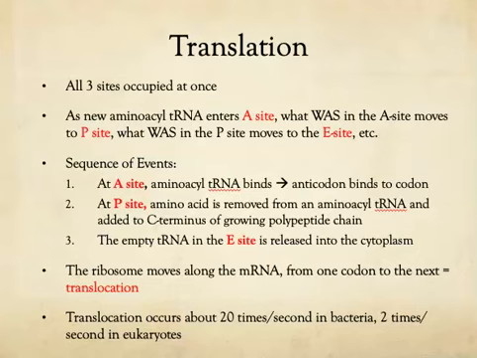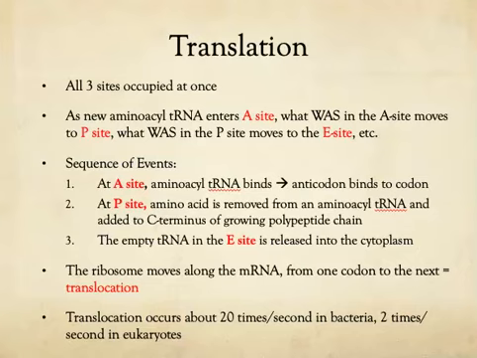As a new tRNA enters, it comes into the A site. What was in the A site will move over into the next P site. What was in the P site will shift over into the E site.